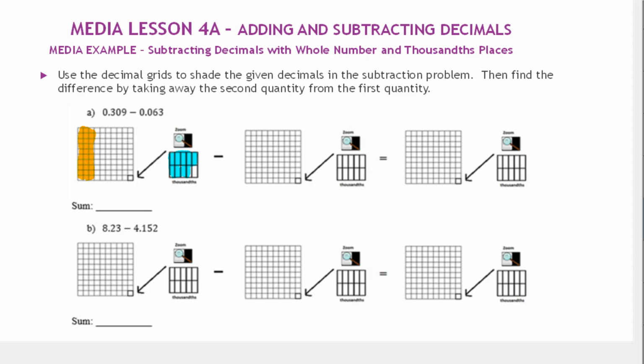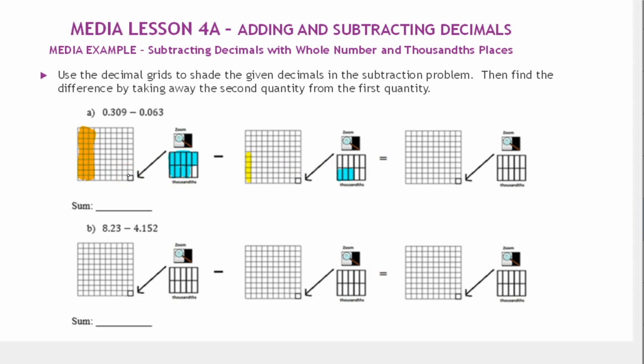So we don't have any orange strips. We have 6 hundredths, and 3 thousandths. So we want to take away or cancel out this quantity from this quantity.